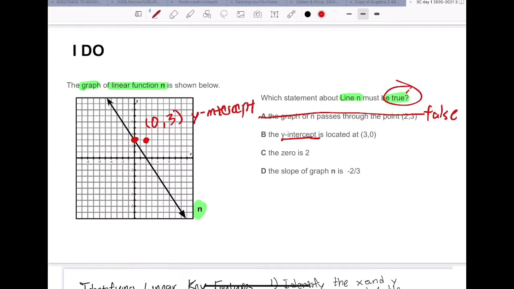Since I know the y-intercept, I'm going to go ahead and just find the x-intercept also, which is right here. That looks like it's 2, 0, the x-intercept. Again, another way to refer to the x-intercept is using the word 0. And now that I see that my y-intercept is 0, 3, I know that this one is false as well.